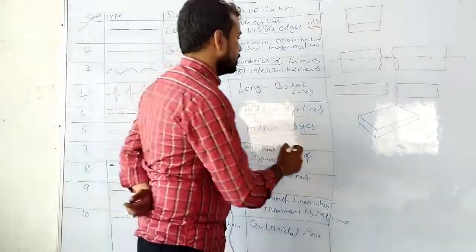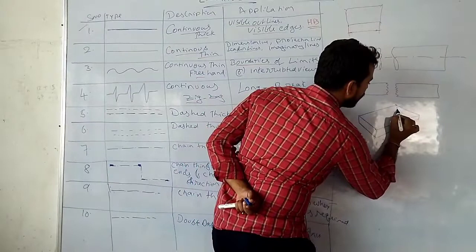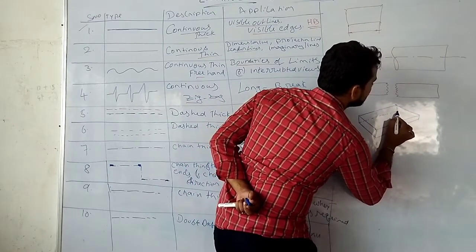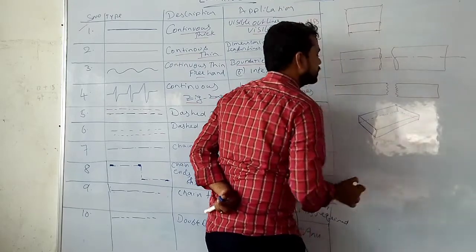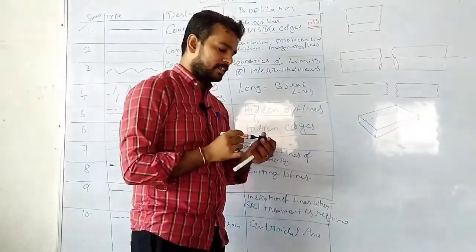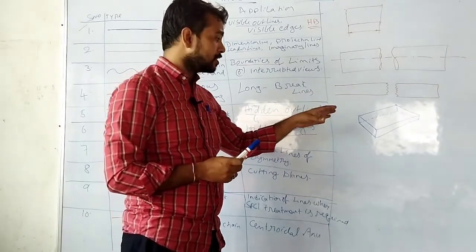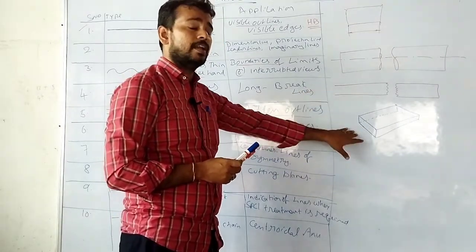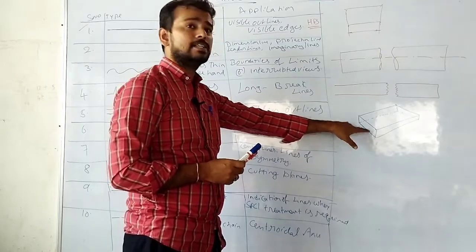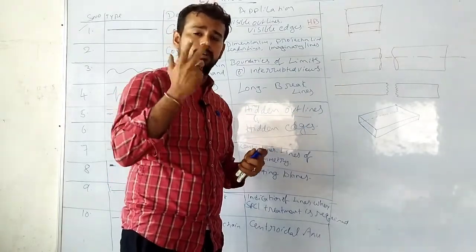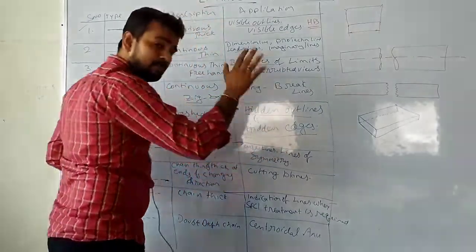To represent those things, you need to draw dashed thin and dashed thick lines, which are known as hidden lines. The purpose of hidden lines is to indicate the edges which are hidden, not visible, but will be there.